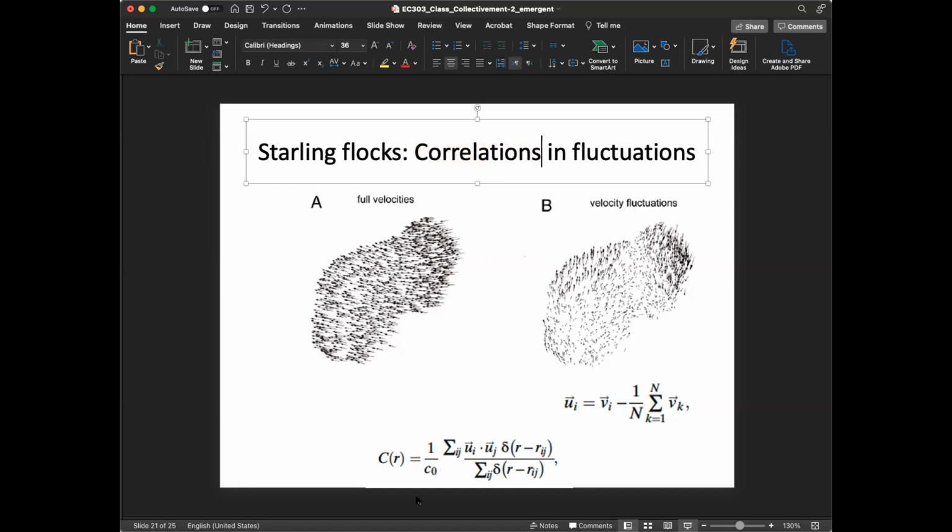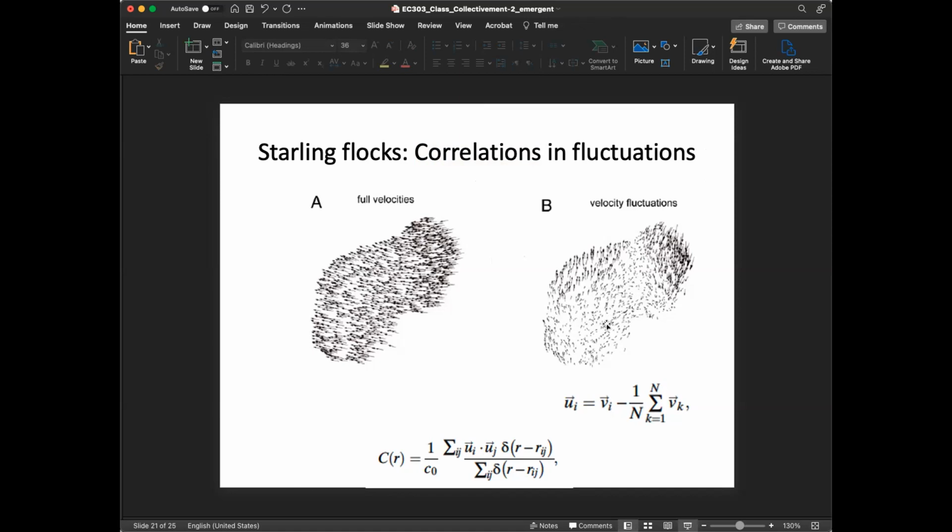What they compute here is the cross correlation between the velocity vectors of two individuals, but separated by distance. This is called the spatial correlation function, whereas that was the temporal correlation function.